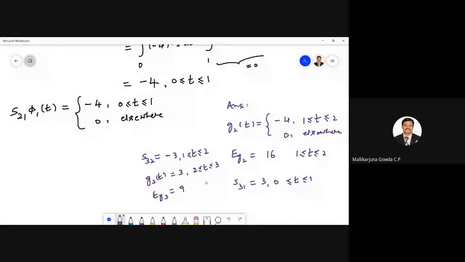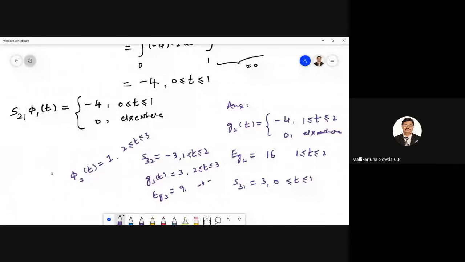The value of pi 3 of t will be equal to 1 over the interval 2 to 3. Have I told the value of pi 2 of t?